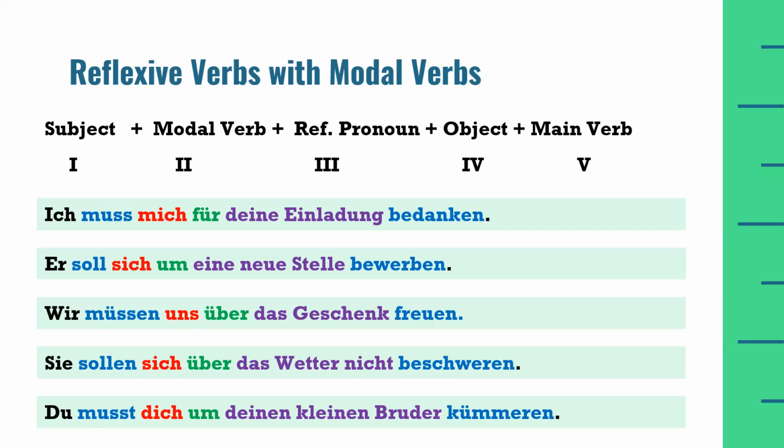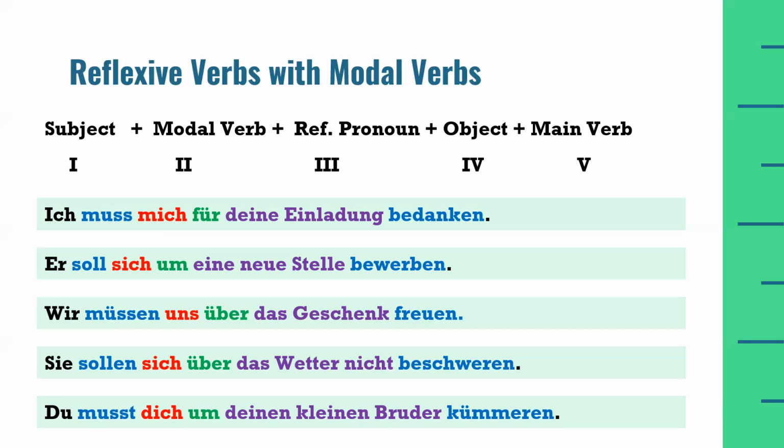Then comes the accusative object, and Bruder is a masculine noun. So we have to use the possessive pronoun ending and adjective ending for a masculine noun in the accusative case. So dein, which is the possessive pronoun, will become deinen, and klein, which is an adjective, will become kleinen, and kümmern is the main verb, so it comes at the last position of the sentence.